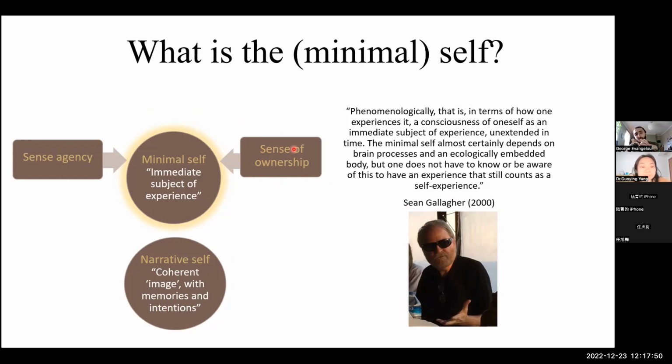And so disruptions to this minimal self-awareness are seen in illnesses such as somatoparaphrenia, a bodily sensation disorder of ownership where we might lose ownership over certain body parts, whether it's due to paralysis or other forms of losing sensations. We will get to that more on the next slide, where I'm going to go into ownership specifically.